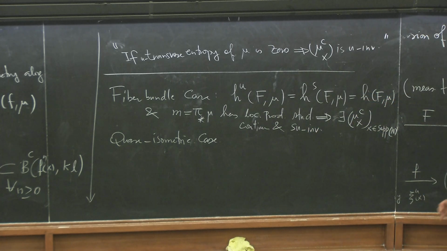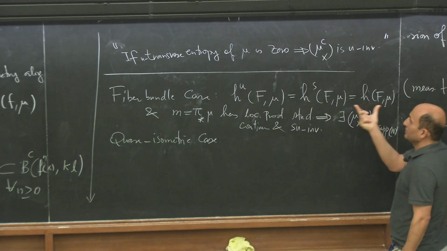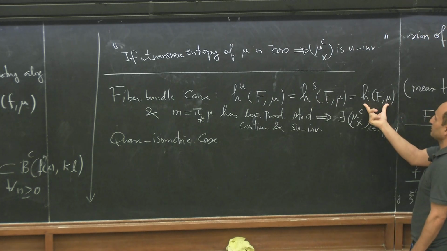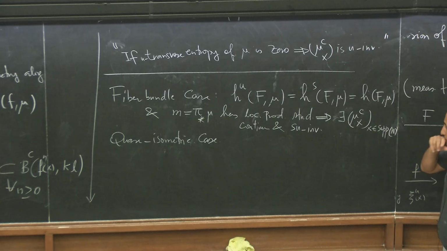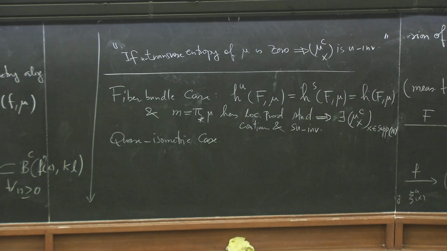So if I have this equality, the center disintegration is U invariant. If I have this equality, the center disintegration is S invariant. And I need to have some structure on the measure in the base.